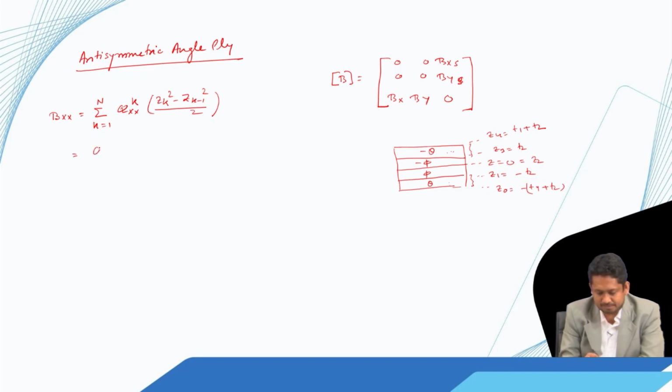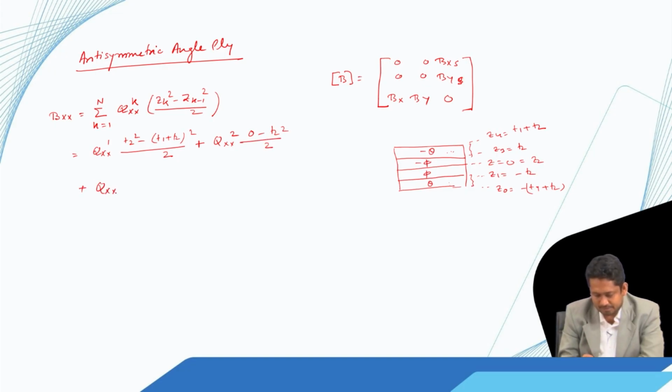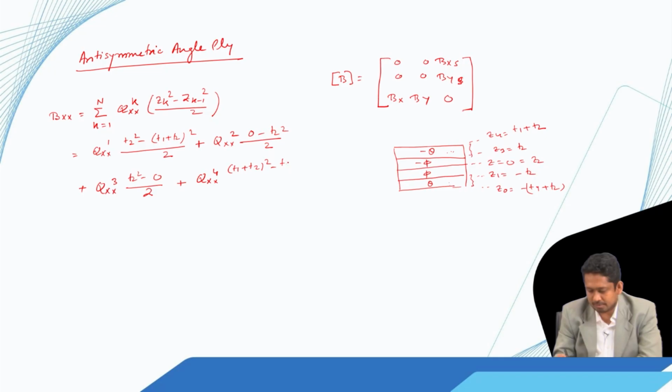If we add it up, it becomes Qxx of 1 multiplied by T1 plus T2 whole square minus T2 square by 2... from the first layer, then from the second layer we have 0 minus T2 square by 2, from the third layer we have T2 square minus 0 by 2, and from the fourth layer we have T1 plus T2 whole square minus T2 square by 2.